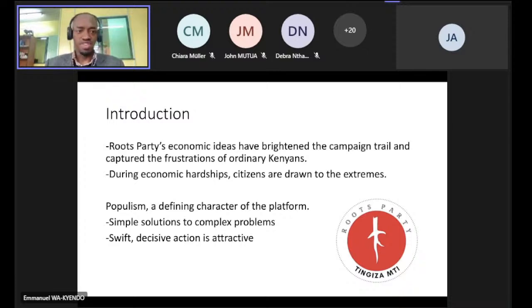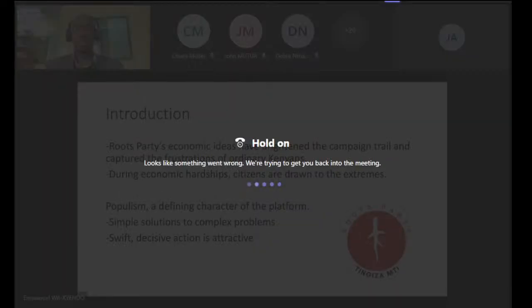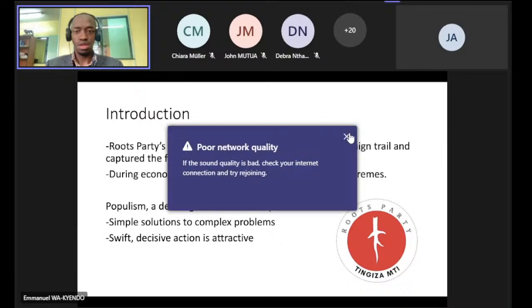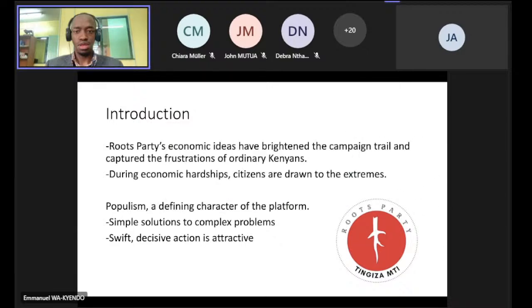What we can observe is that during times of different kinds of anxieties, citizens find that simple solutions to complex problems, or swift, decisive actions, tend to be very popular.